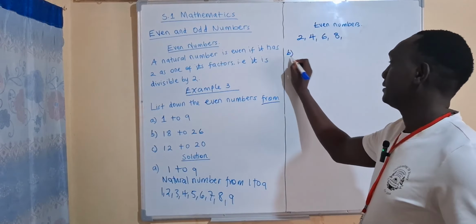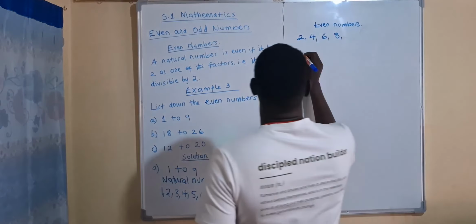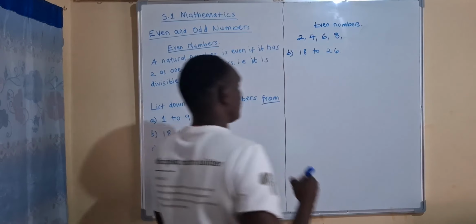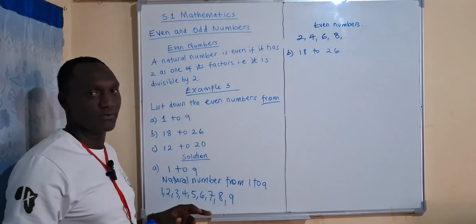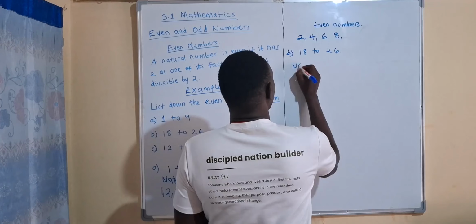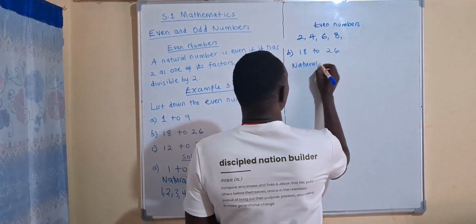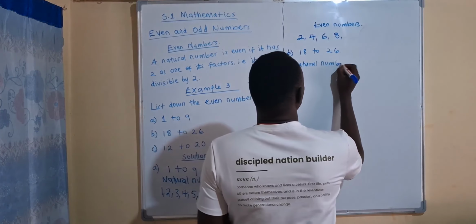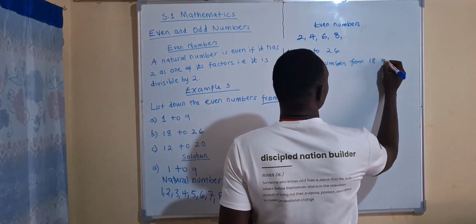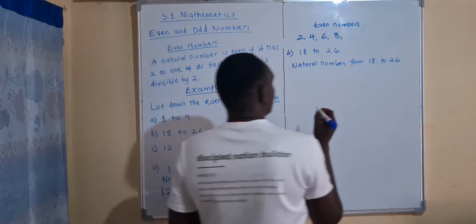These are the even numbers that we can notice from 1 to 9. We go to part B, 18 to 26. So we first start by listing those numbers from 18 to 26. These are natural numbers from 18 to 26. So we list them.